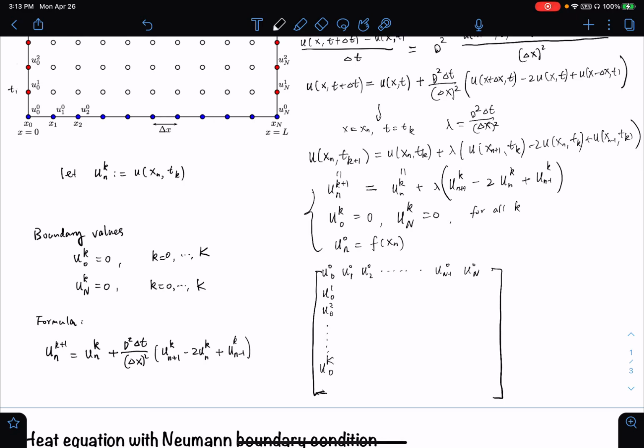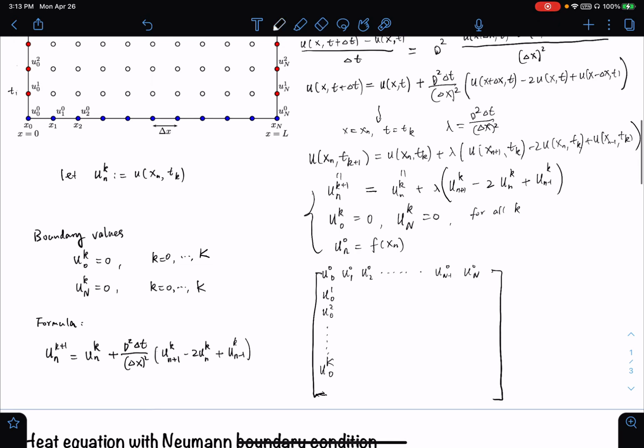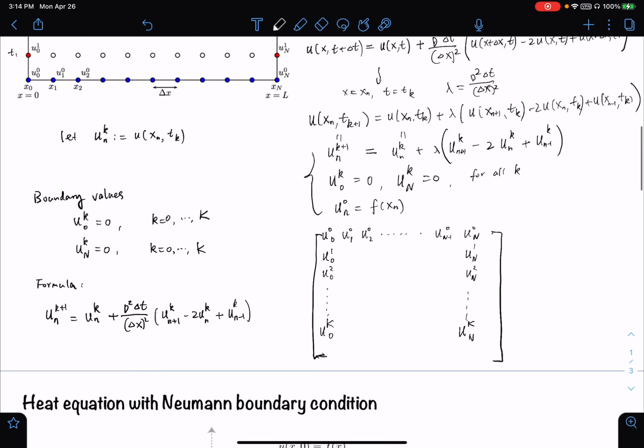And similarly for the right boundary point, then you have u at the boundary point for time step 1, u at the right boundary point for time step 2, all the way up to the particular time step of your interest at this right boundary point.